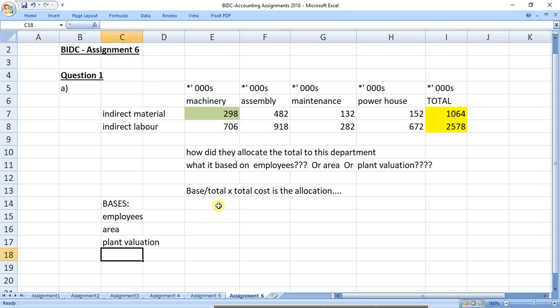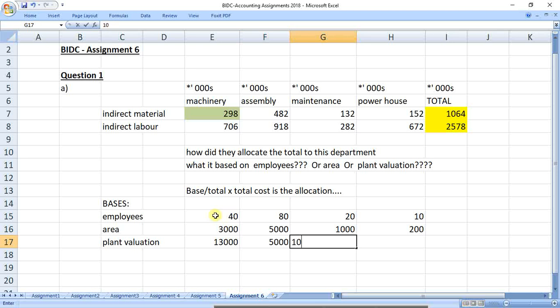How many employees does this business have? 40 in this department, 80 in the next, 20 in this one, and 10 in that one. In terms of area, 3,000 meters squared, 5,000, 1,000, and 200. And the plant valuation, 13, 5, 1,000, and 200.